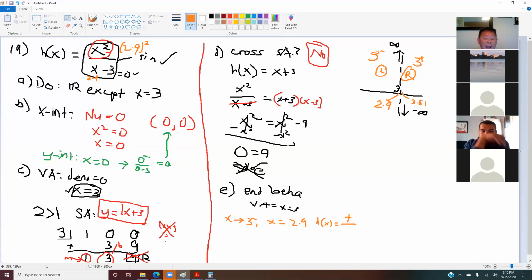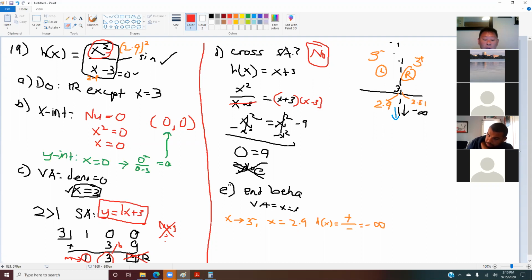You think this will be a positive or a negative number? 2.999 minus 3 will give us a negative number. So a plus and a minus will give us a minus. So when this is approaching from the left, it goes to negative infinity. It goes down, not up. So we can tell that this graph goes down on this side.